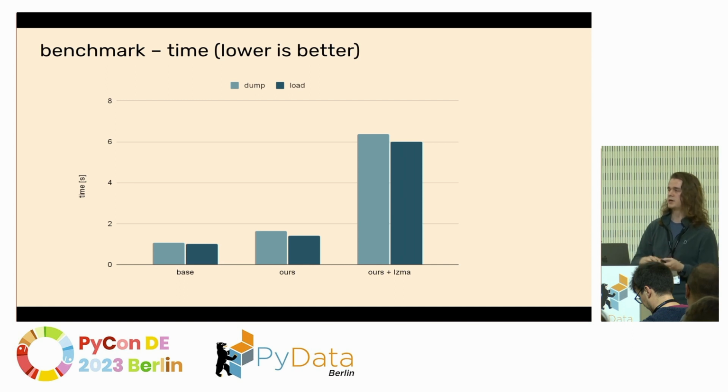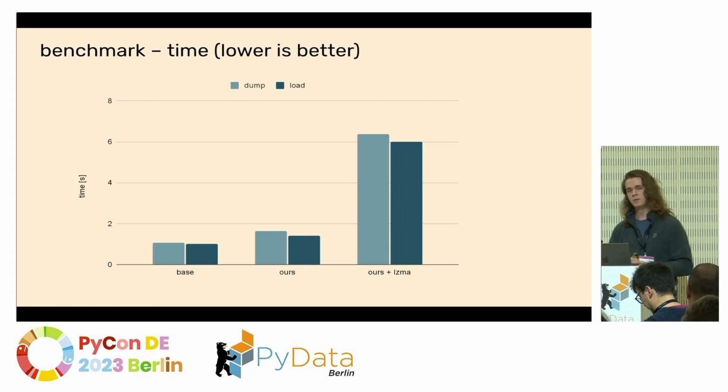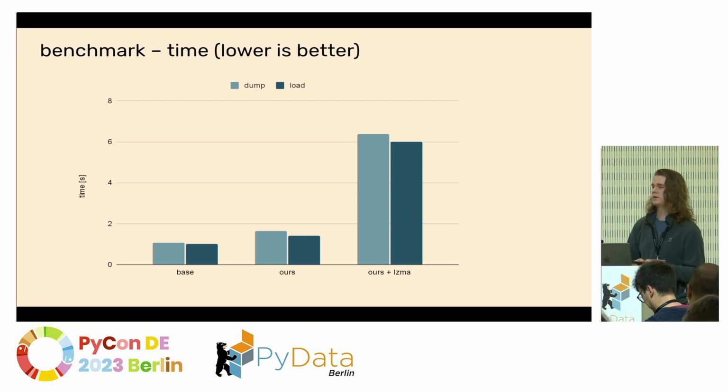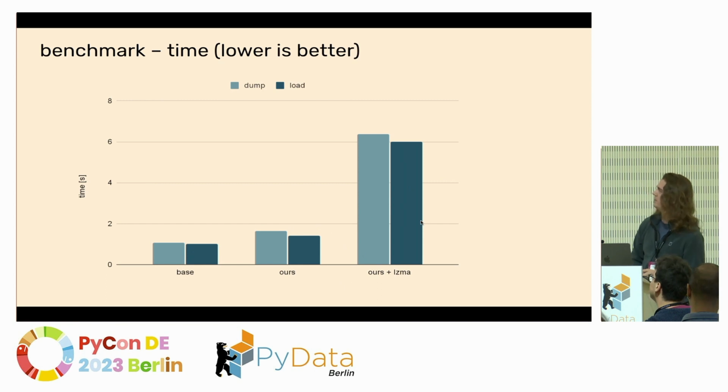So only at startup time is it relevant. During inference, both methods perform the same because they are only trees in RAM. And the large bar here is just because the compression algorithm obviously takes time to compress 170 megabytes of data. So that's why that's so large, we can't do anything about that.